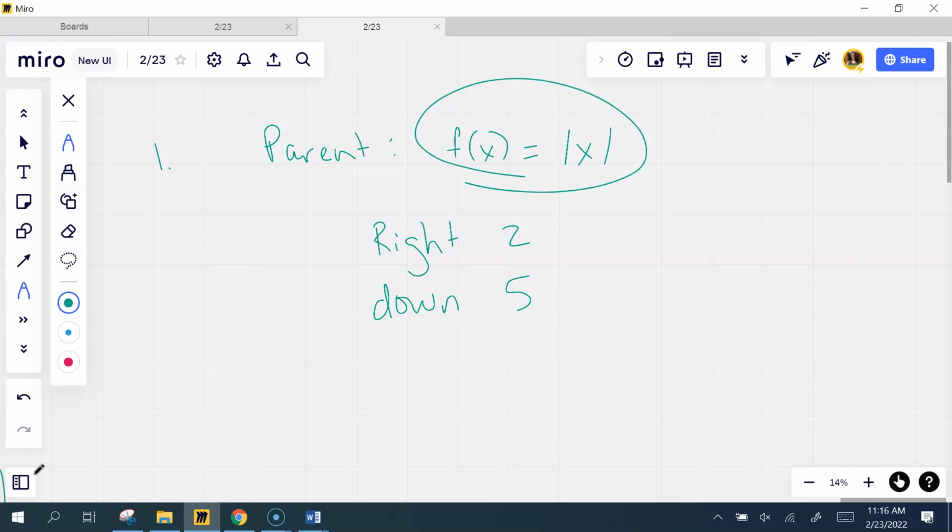That's how it changed from the parent to what it is now. Now it asks you for an equation. Well, if I start with this and I go right 2 and down 5, what's my new equation look like? Exactly right.